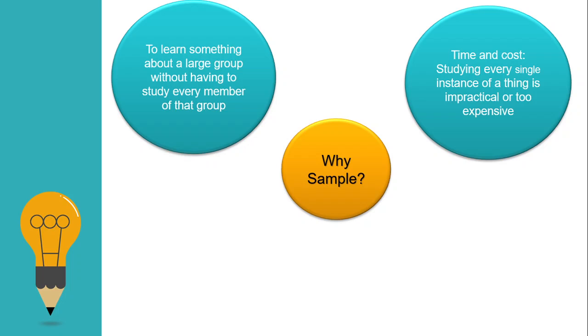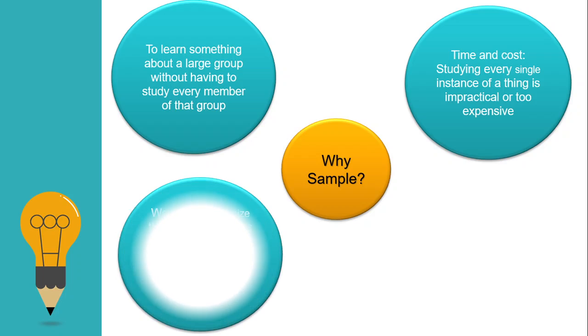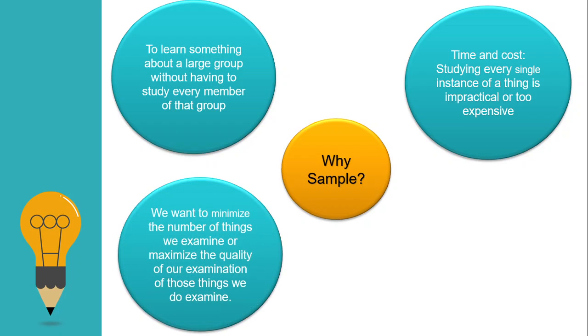So we sample to reduce the cost and avoid the time consumption. We want to minimize the number of things that we examine, or maximize the quality of our examination of those things we do examine.